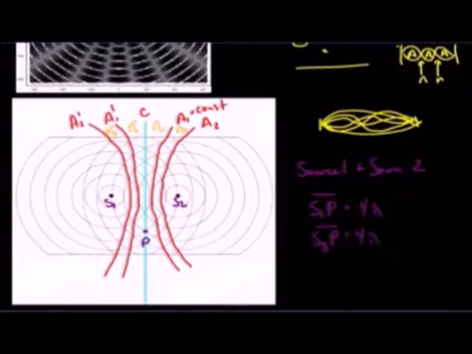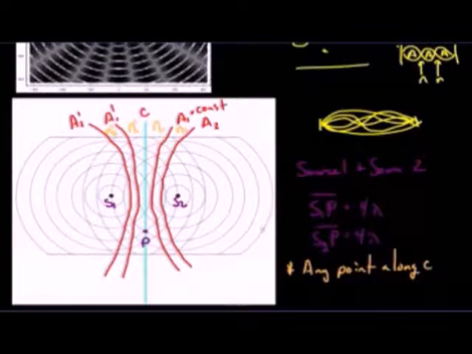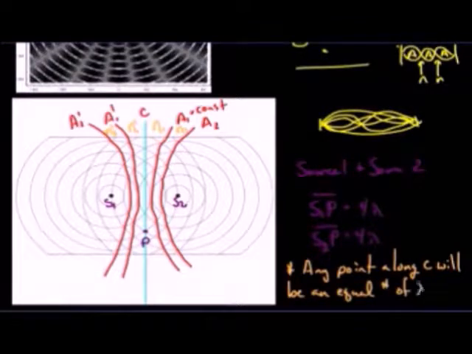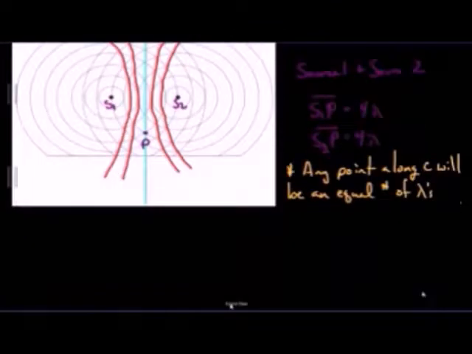So let's write down an important note right now. Note: any point along C, the central maximum, any point along C will be an equal number of wavelengths from S1 and S2.